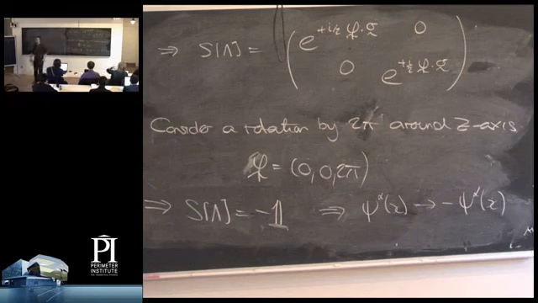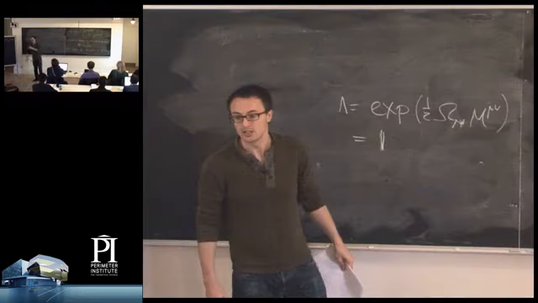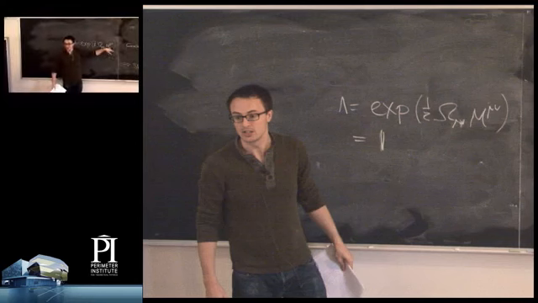How do we know the rotation by 2 pi gives this? Yeah, it's a great question. What you should do, and I go through this in the notes, is do this same thing for the vector representation.